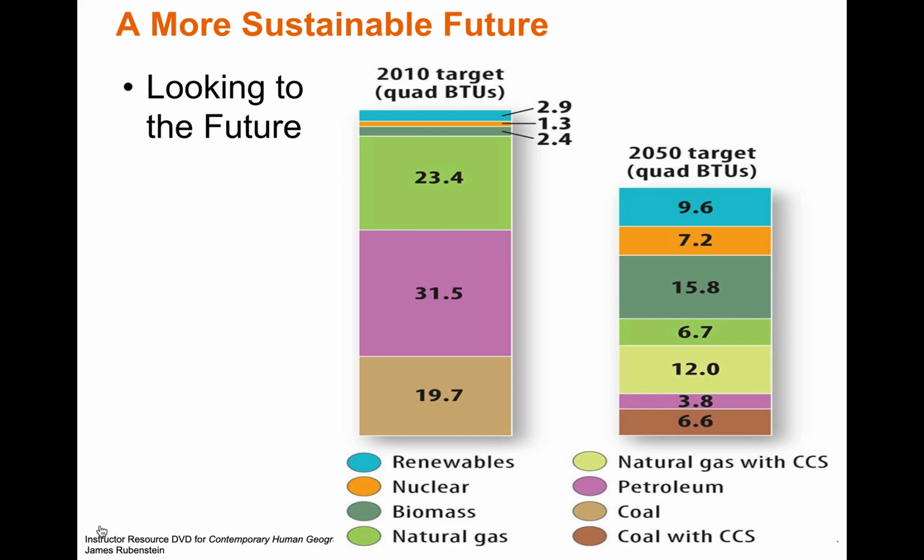Then we see carbon capture and storage with natural gas increasing, in yellow. And then we see coal carbon capturing replacing all coal consumption and completely eliminating coal consumption by 2050. And then petroleum we can see reduced significantly, from 31% of our energy in 2010 to less than 4% by 2050.